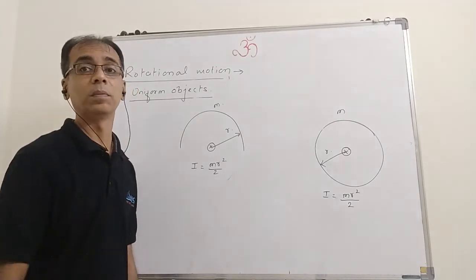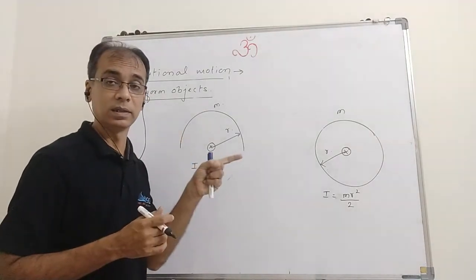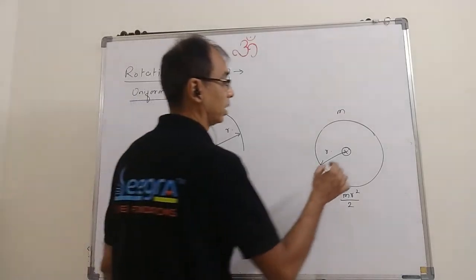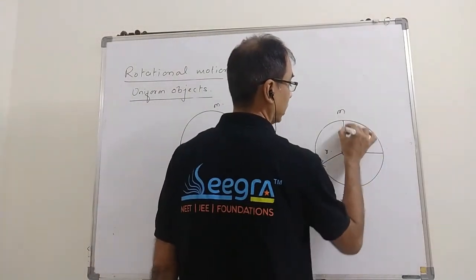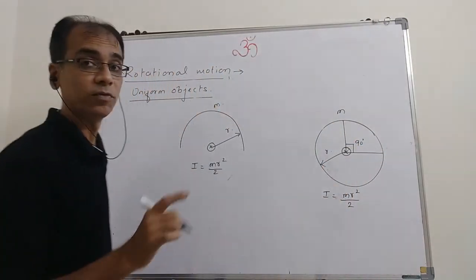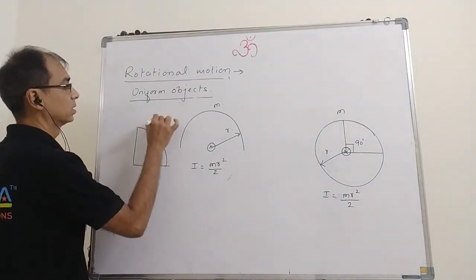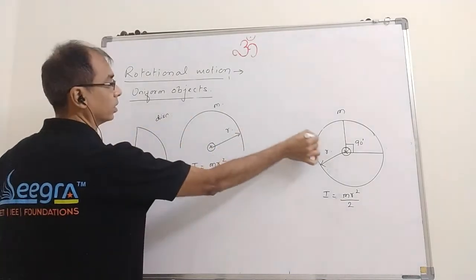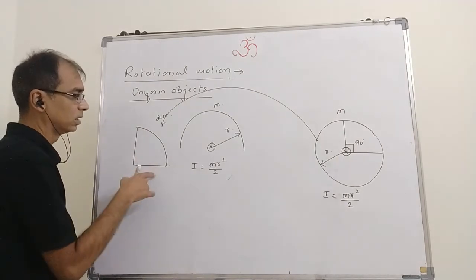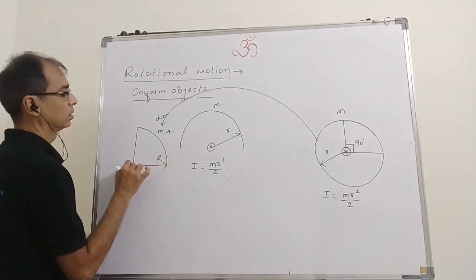Okay? Remember that. But suppose from this disk I am taking only a part, like in the case of the ring I told you, only this part I am taking, let's say 90 degree. So 90 degree part's mass will be what? M by 4. Remember that. This is the disk, this is the axis.